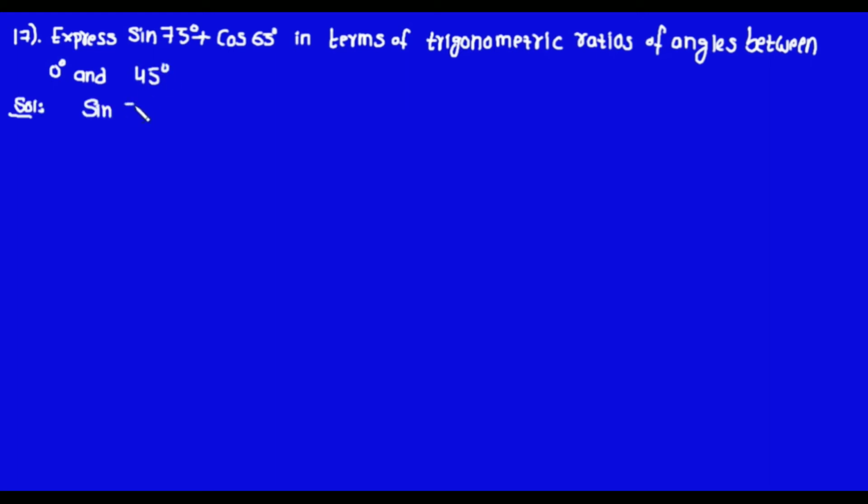The given problem is sin 75 degrees plus cos 65 degrees. Here we have to convert the given angles 75 degrees and 65 degrees to angles which lie between 0 degrees and 45 degrees. So here we can write 75 degrees as 90 minus 15 degrees and 65 degrees as 90 minus 25 degrees.